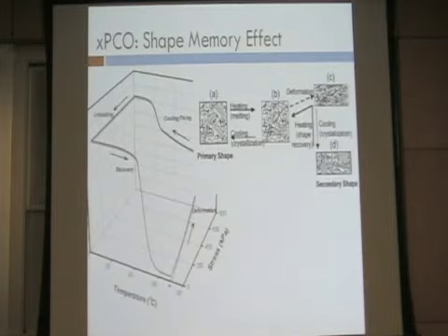And so the idea with this material is that we have a semi-crystalline network that upon heating is a regular, disordered, cross-linked material that crystallizes to form a percolating crystalline phase that allows us to keep that temporary state until we heat it.